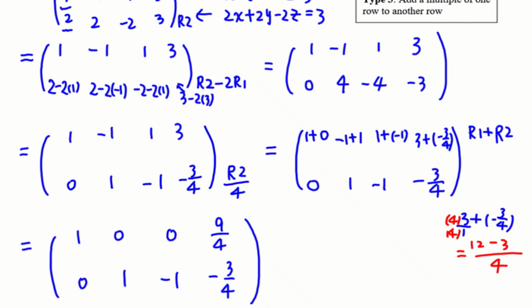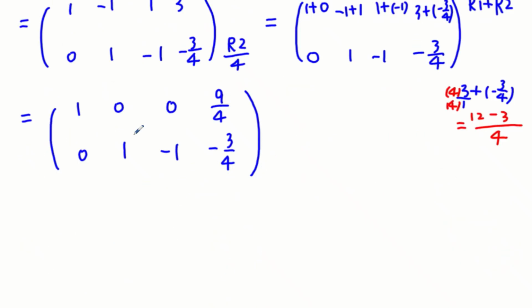So how to write this out? We are going to write this as x plus 0y plus 0z. For the equation of the line, we just let z equals t.